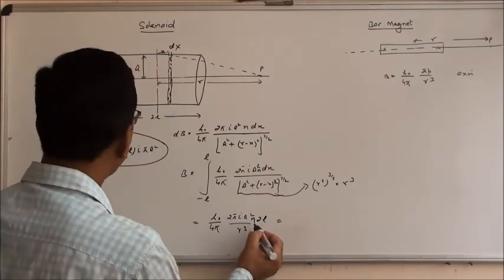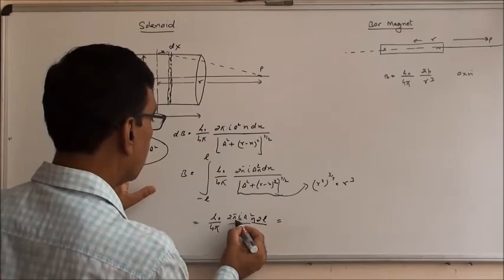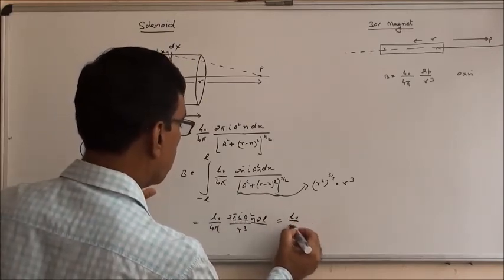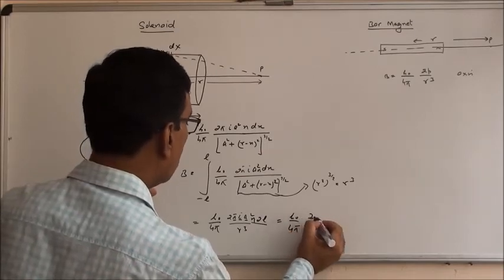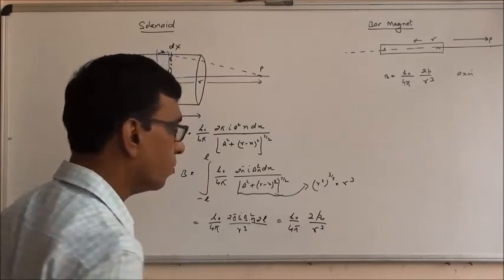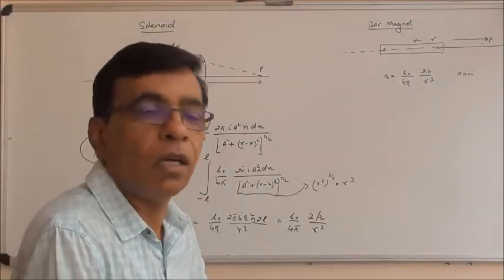So n 2L I pi a square, this is the magnetic dipole moment. So it is actually mu naught by 4 pi, 2 Pm upon r cube. So this is the magnetic field produced by a solenoid at distance r.